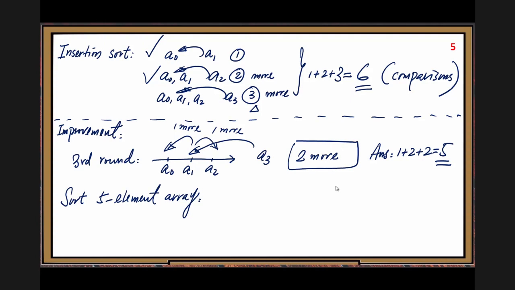You can assume we already have 4 elements: A0, A1, A2, A3. 4 elements sorted in 5 comparisons.